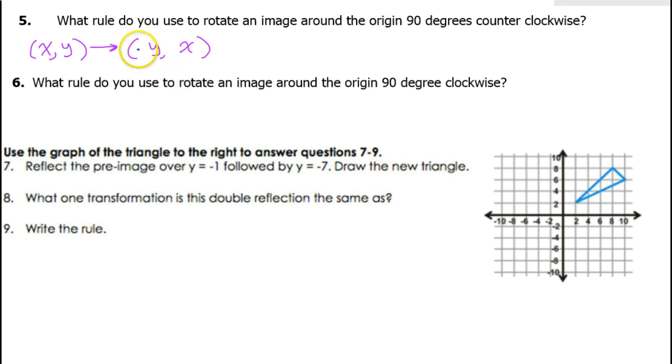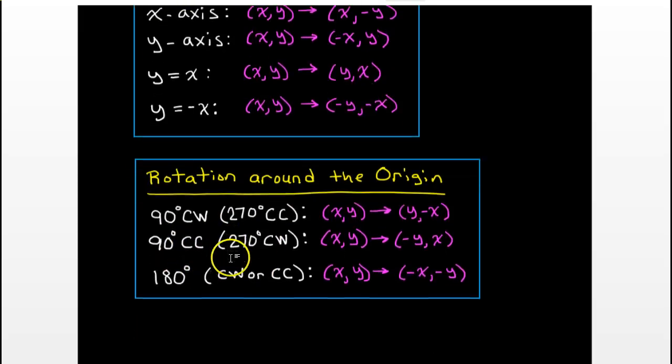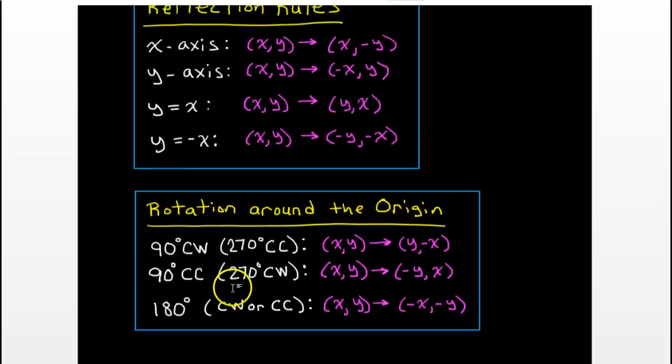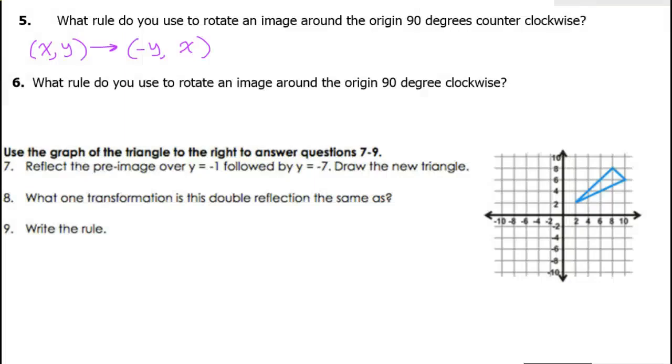The y value is going to change to the opposite of what it was. So this is the rule that we're going to use. And again, it's all on the list. This is just straight memorization. Counterclockwise, that's the CC right here. So counterclockwise, the x value stays the same, the y value changes.